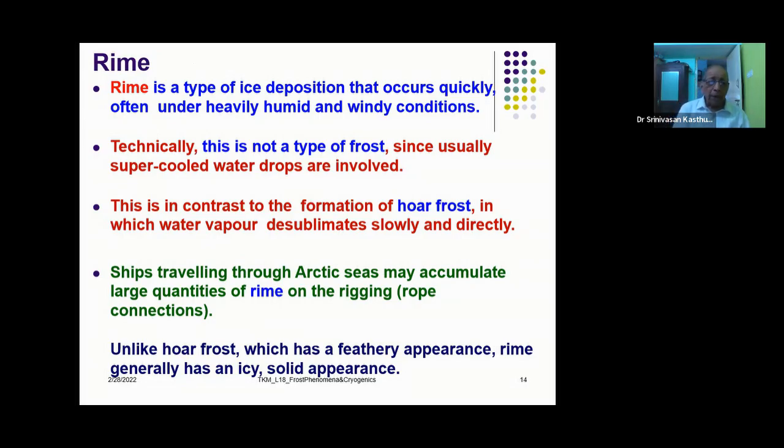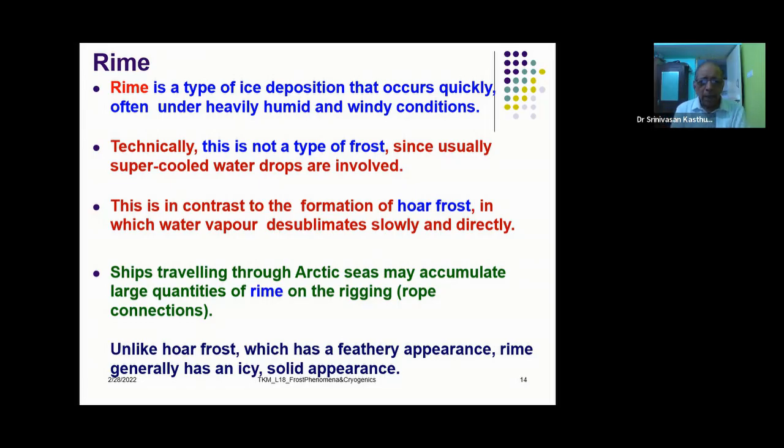Coming to another type of frost, this is called rime frost, generally known as rime. Rime is a type of ice deposition that normally occurs quickly, often under heavily humid and windy conditions.